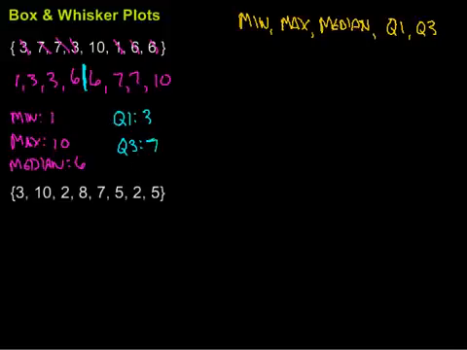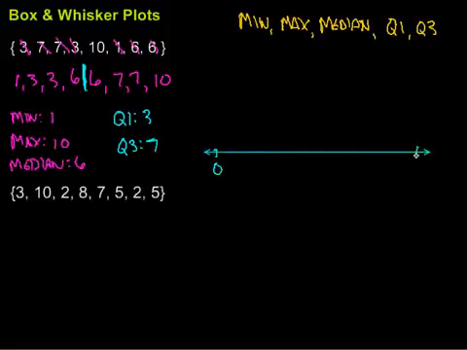So now I have my 5 points that I can use to draw my box and whisker plot. I'm going to start out here with a number line. We're going from 1 to 10, so I'm going to go from 0 to 10.